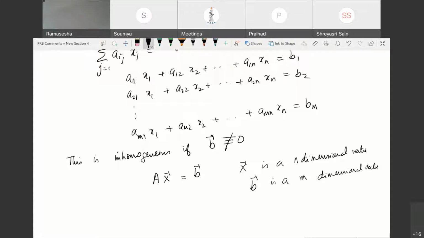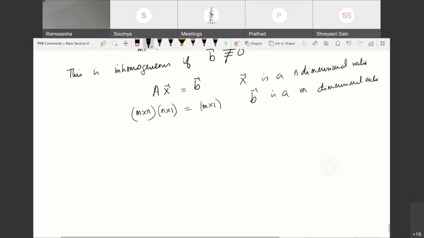So in Ax equal to b, I have m rows and n columns, multiplying an n-row column, giving an m-row column. So if b is not identically equal to 0, then it's called inhomogeneous, and if b is a null vector, then the system is a homogeneous system.